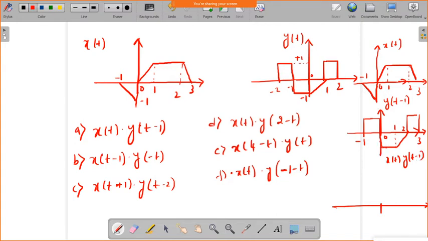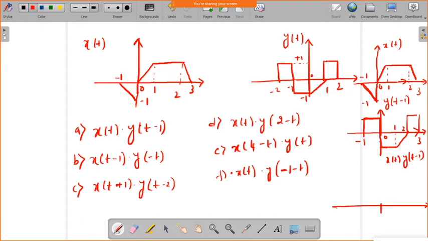Now from minus 1, it is a decaying ramp. The value is minus 1 here, and here it is 0. If you multiply this negative ramp by the value plus 1, it gives the same value.